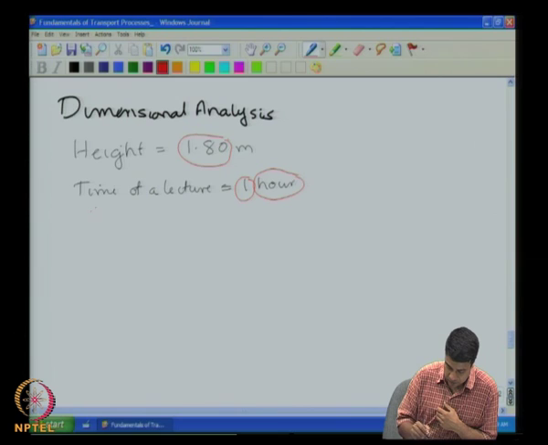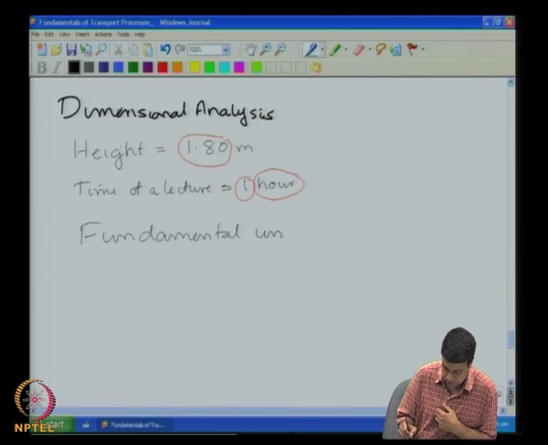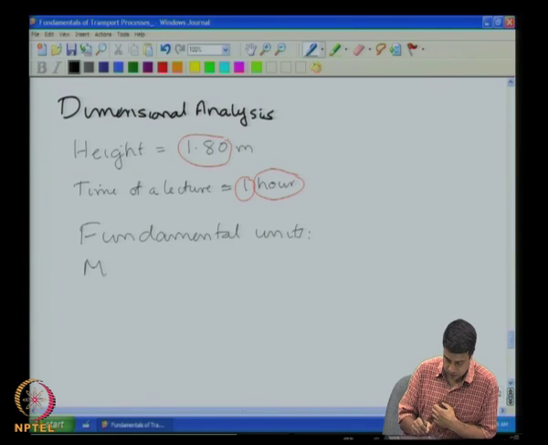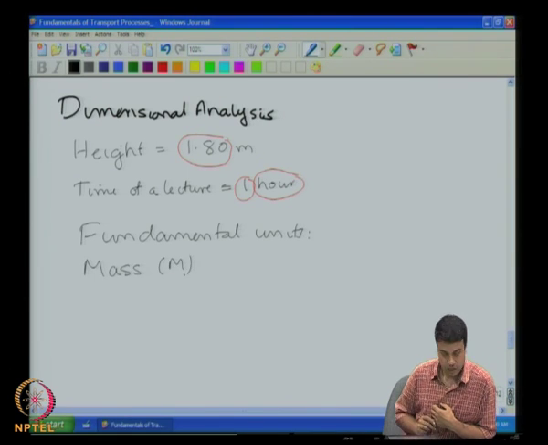So, the fundamental units: mass, I will use the symbol m in this lecture.